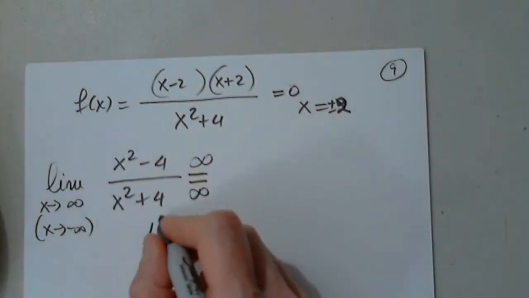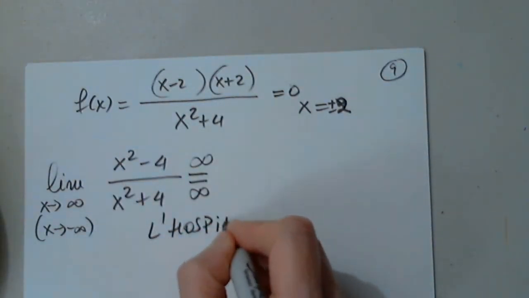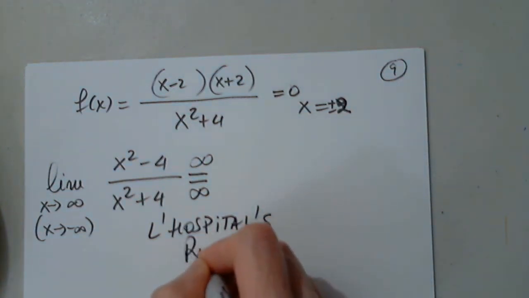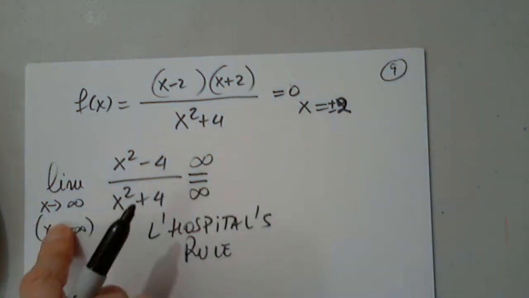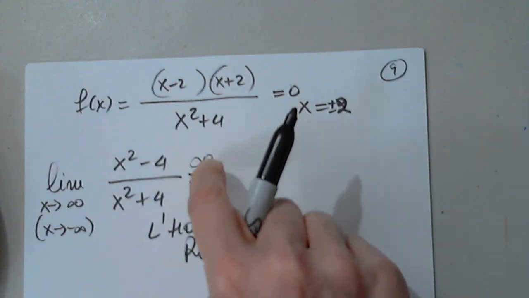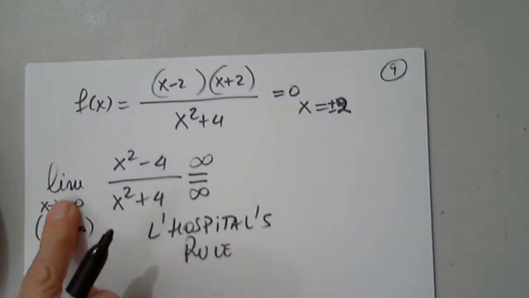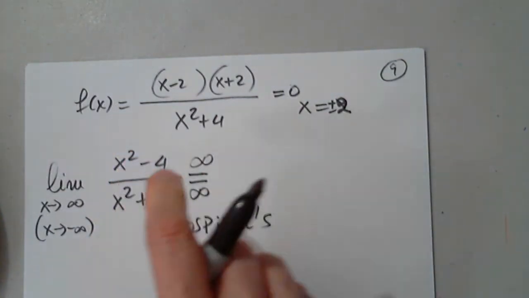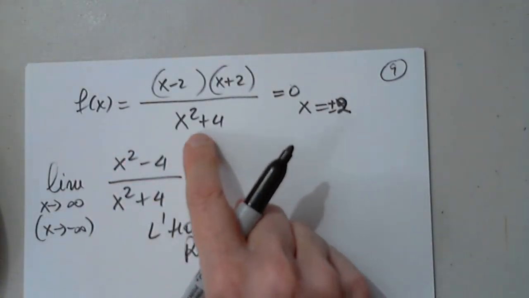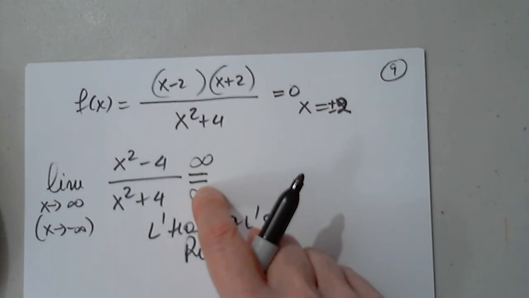Remember L'Hopital's rule? Limit, ratio, and infinity over infinity. All three conditions are fulfilled: inside the limit, a ratio, and the case infinity over infinity or 0 over 0.